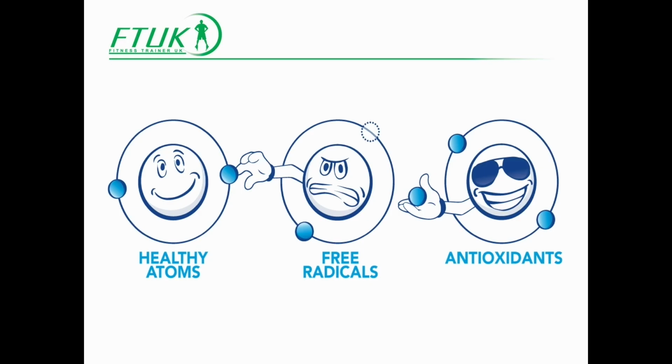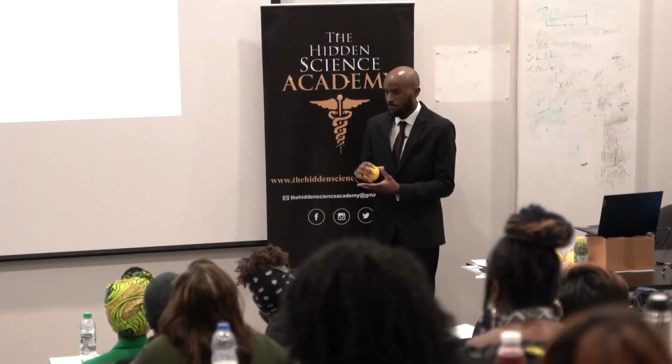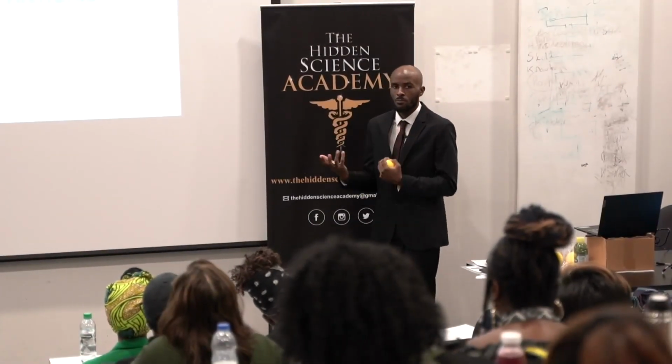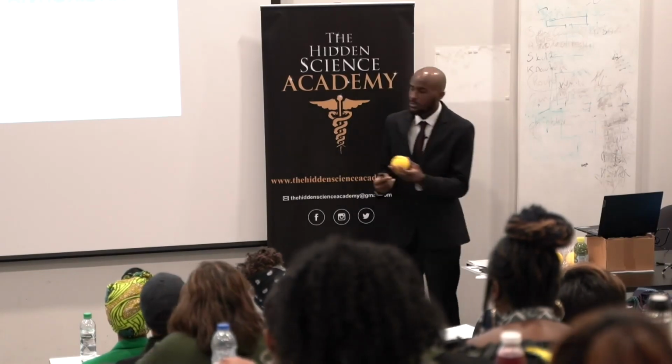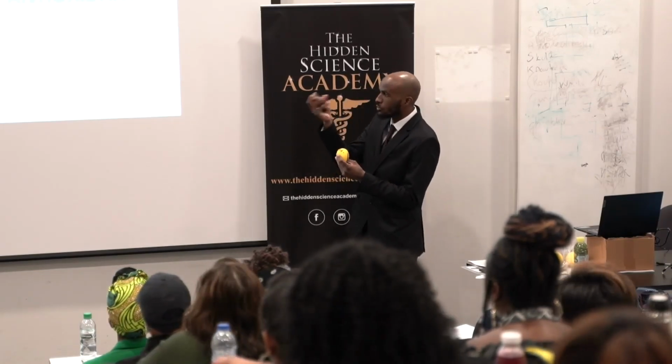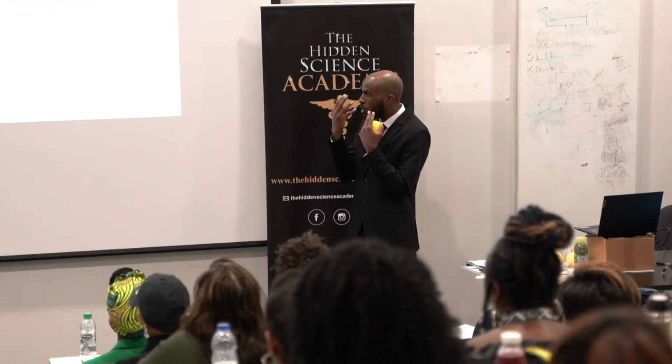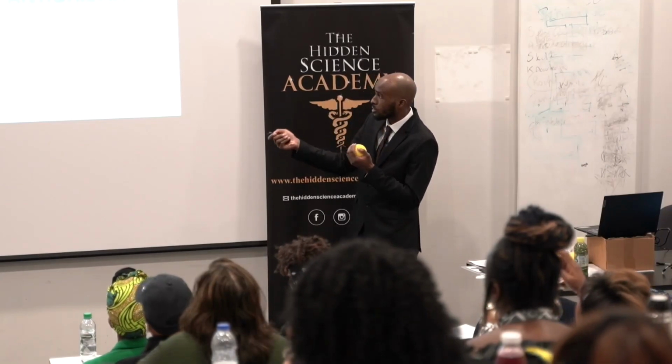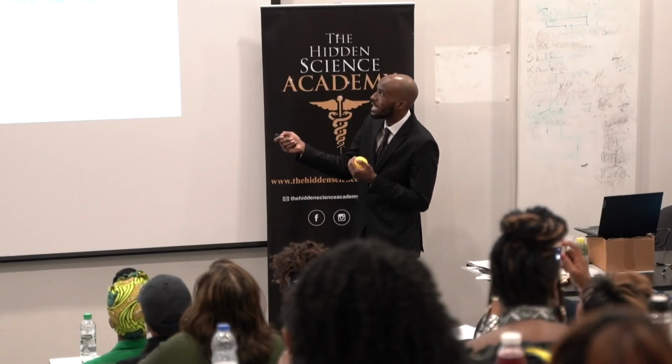Stealing, taking, snatching it. Yeah? That's what free radicals do. Now, the electron is the information. It's the electricity. So if you've got free radicals in your body stealing electricity, it's literally stealing life from your cells. Yeah? So if you've got free radicals stealing electrons from your face, you're going to start to wrinkle and go and look old very quickly because of free radicals going around stealing electrons.